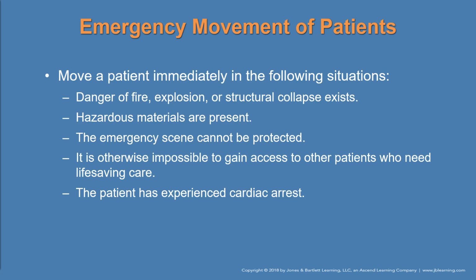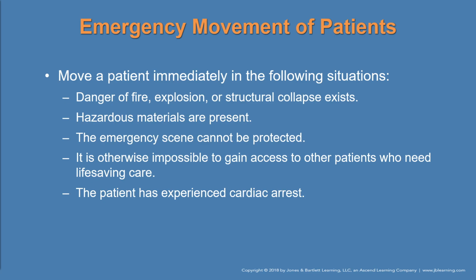So an example of this is if you have a patient who is blocking your entrance to a vehicle and there's no other access to that vehicle, and you see that other patients potentially need, for example, bleeding control, or they need their airway emergently managed, you're going to need to remove the first person in the way before you can get to the second person who needs life-saving care.